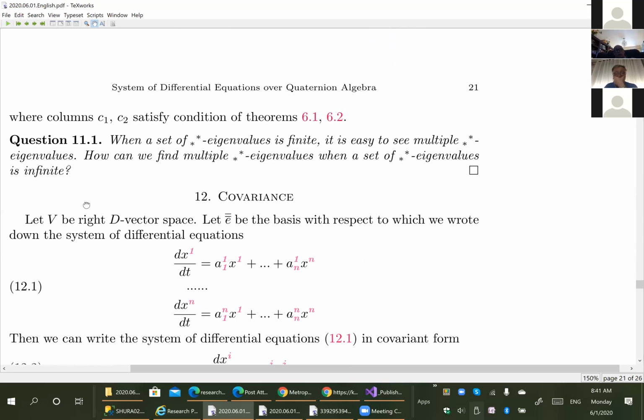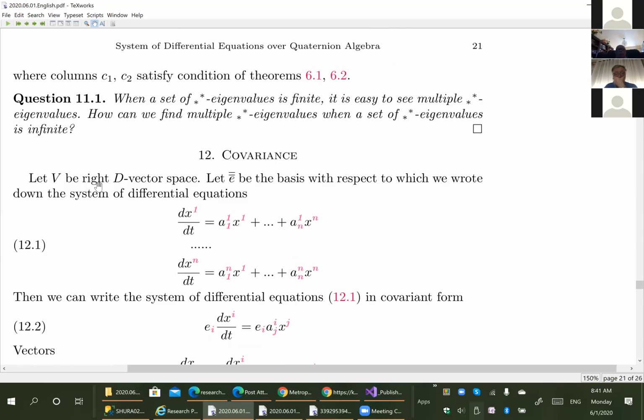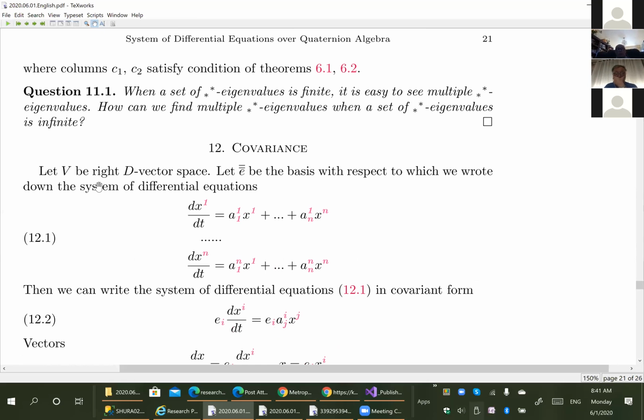One more question that is very important here. We write a system of differential equations relative to a selected basis. In our case, when we use quaternion algebra, we usually use the basis 0, 1, 2, 3.